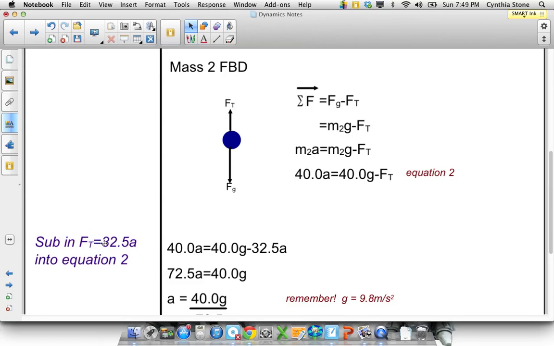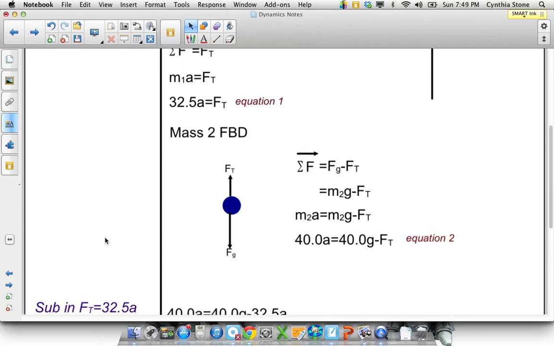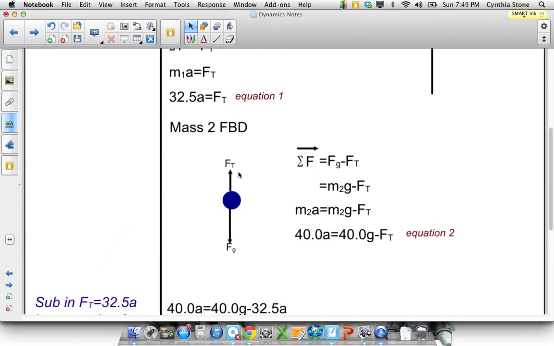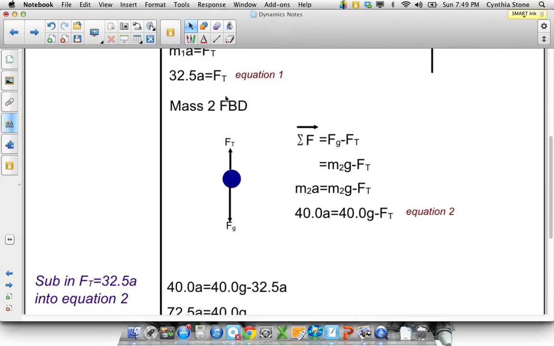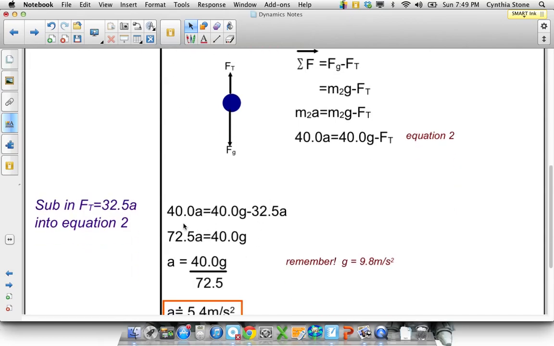What I chose to do is, if you remember substitution from grade 10 math, this one's all set up for me, right? So instead of writing Ft in equation 2, I'm going to sub in 32.5a, because I know this is true. So now I say 40a, just taking it from here, 40a equals 40g minus, instead of Ft, 32.5a.